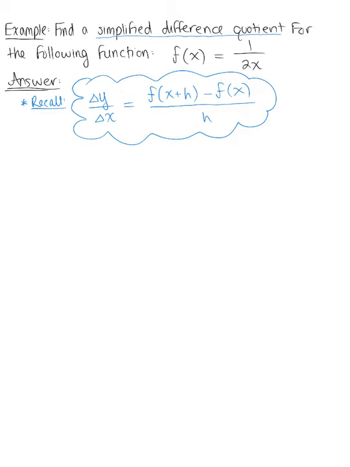So we're given the original function f of x is equal to 1 divided by 2x. So the first thing that we need to find is f of x plus h. So to do this, we want to look at our original expression, and everywhere we see an x, we're going to replace that with x plus h. So we'll even incorporate parentheses here for good luck.